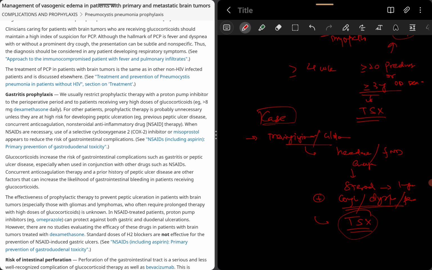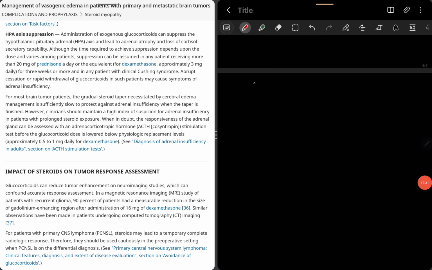Pneumocystis pneumonia. Now we know the HPA axis can get suppressed with the initiation of exogenous steroids. When do you suspect that the patient has achieved suppression of adrenal hormone synthesis? When 20 mg prednisone has been given per day for greater than or equal to 3 weeks, or greater than or equal to 3 mg DEXA has been given for greater than or equal to 3 weeks, or in patients who have clinical Cushing's syndrome.